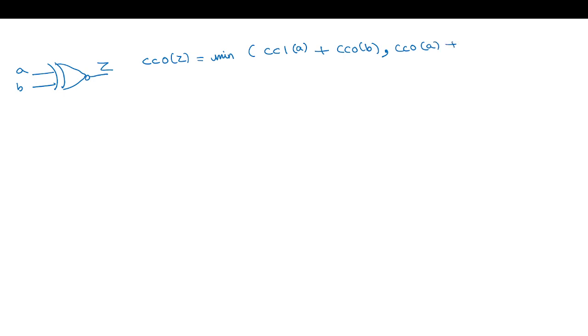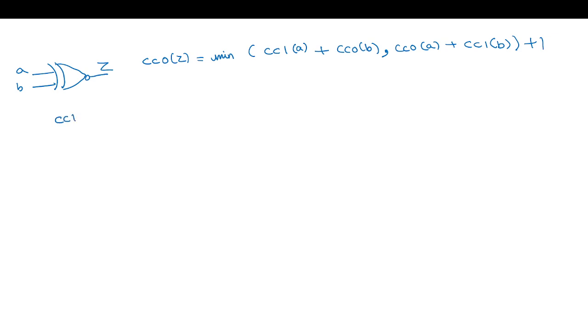Now for the XOR and XNOR gate. To control it to 0, the inputs should be opposite values. So it is the minimum of 1 for A plus 0 for B, or 0 for A plus 1 for B, plus 1.